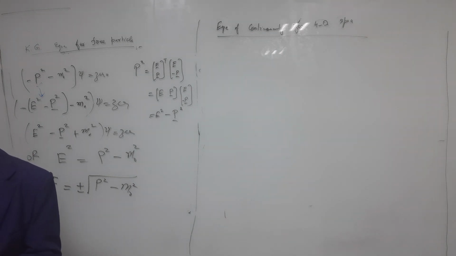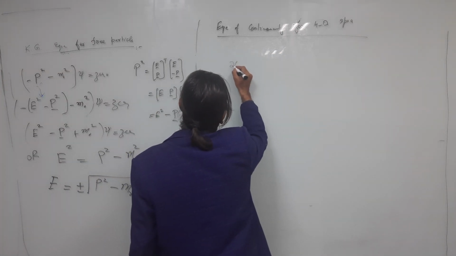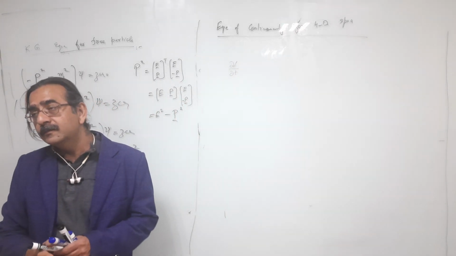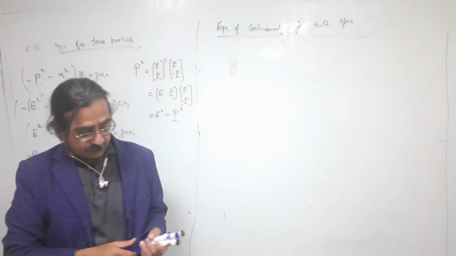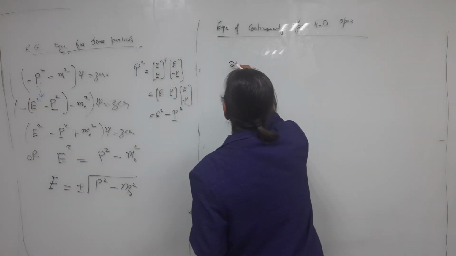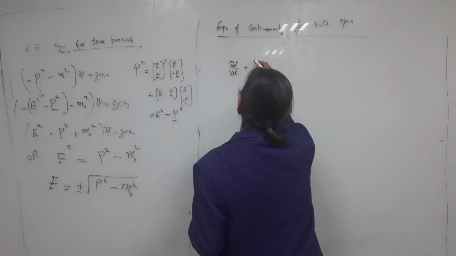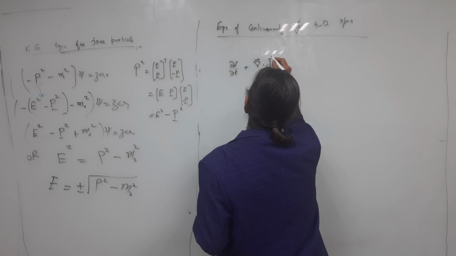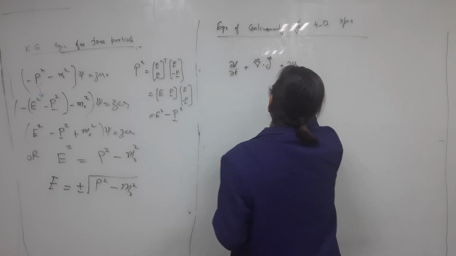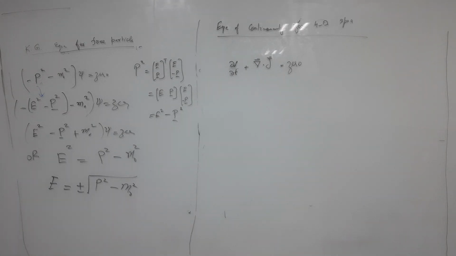What was that? Partial rho over partial T plus del dot J equal to 0. This is the equation of continuity in 3-dimensional space.